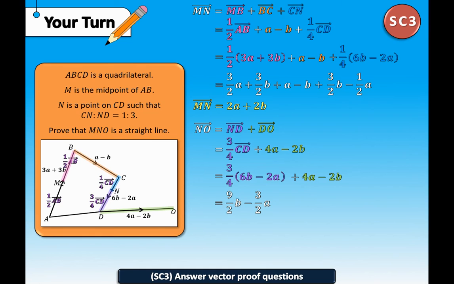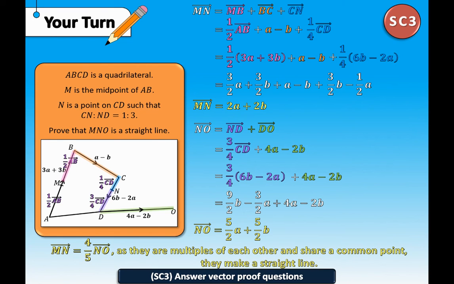So we expand the bracket and then simplify. So NO is 5/2 a plus 5/2 b. So MN is 4/5 of NO. So as they are multiples of each other and they share a common point, which is the point N, they must make a straight line.